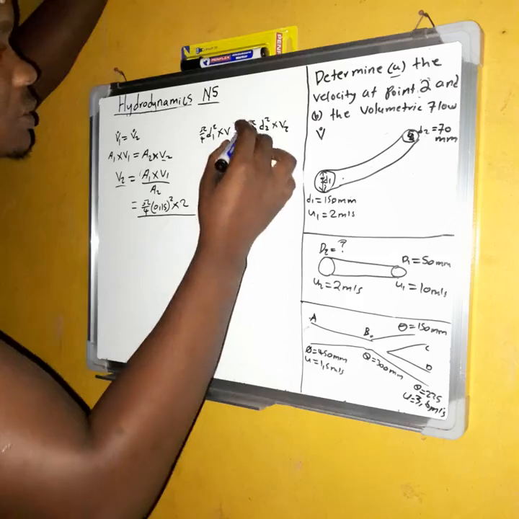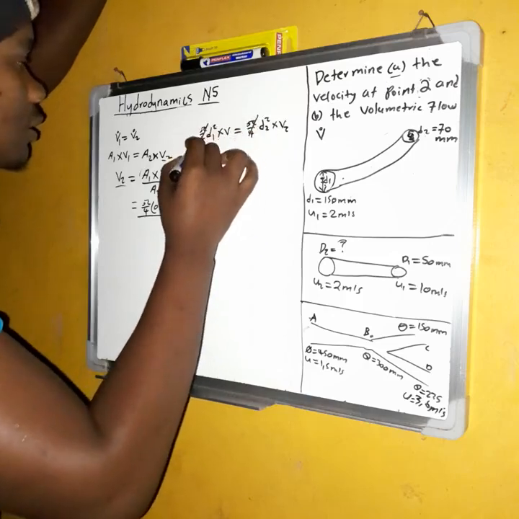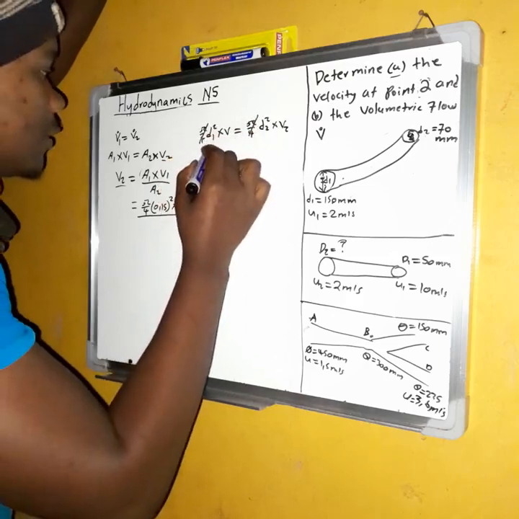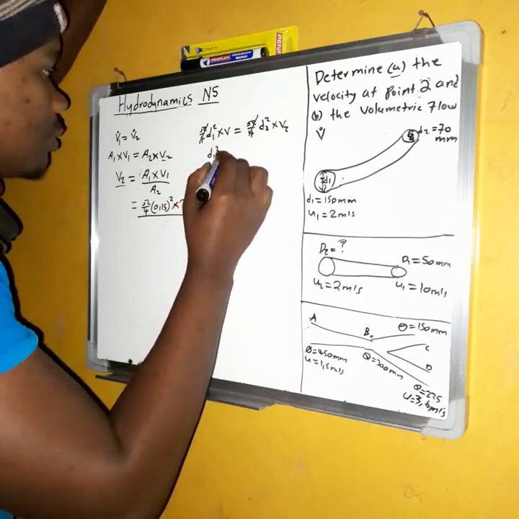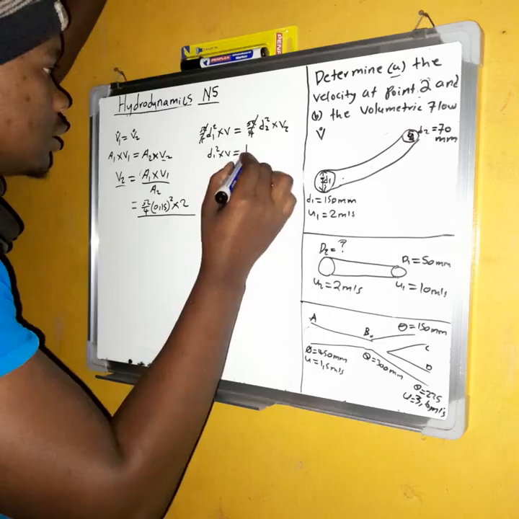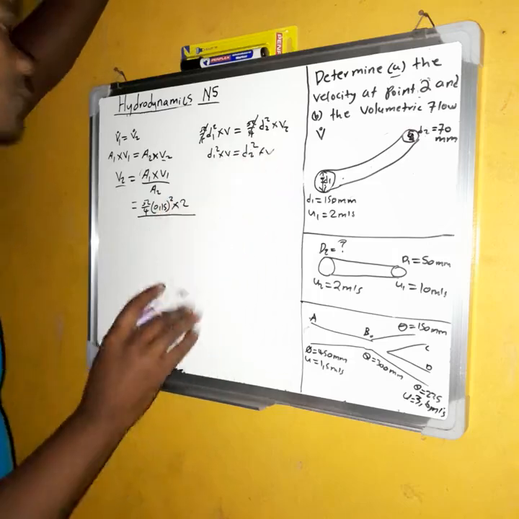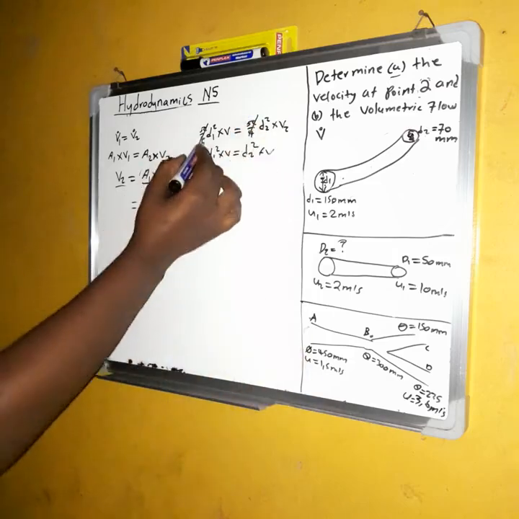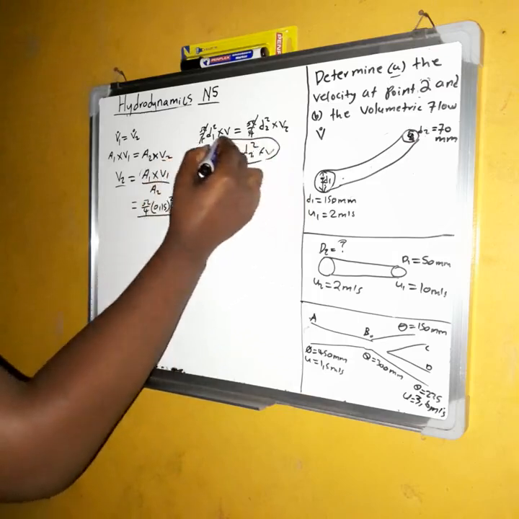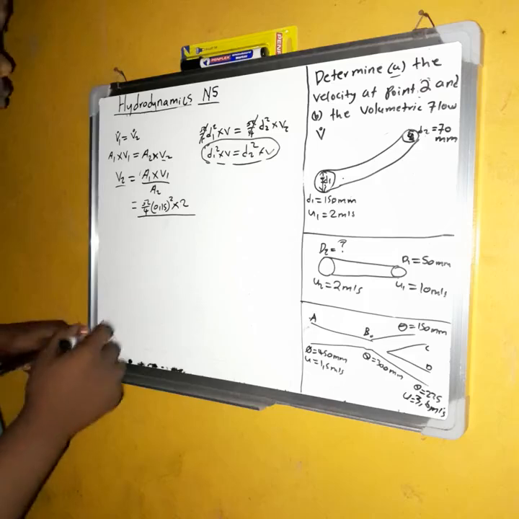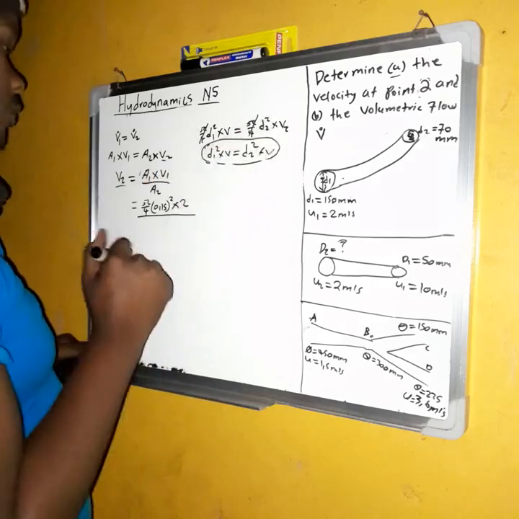This and this can cancel. We can just have d1 squared multiplied by v1 equal to d2 squared multiplied by v2. If you use this, it's fine. It's one and the same thing.